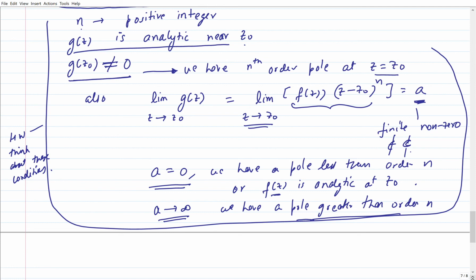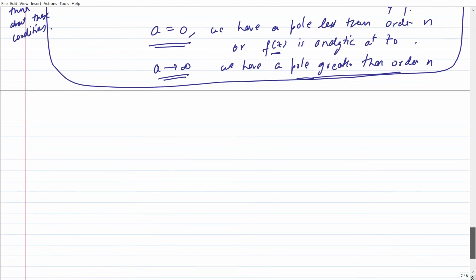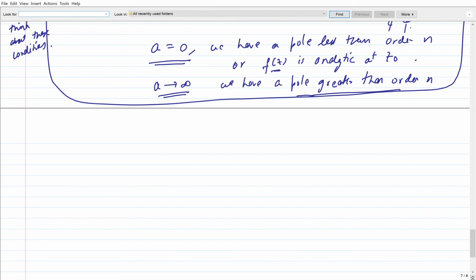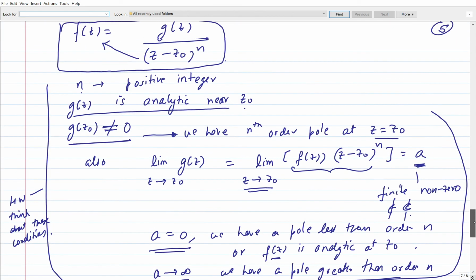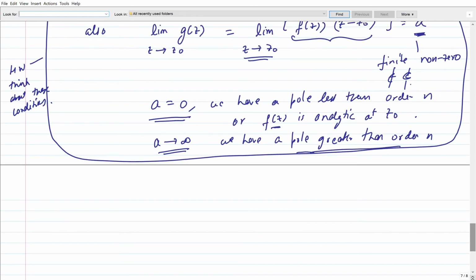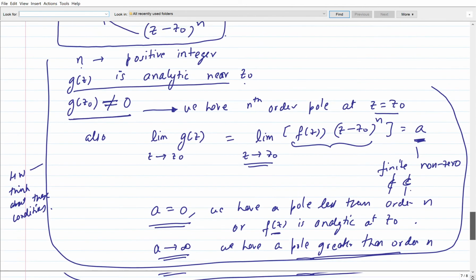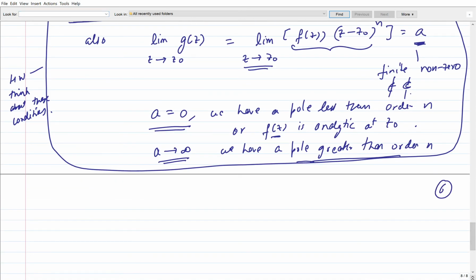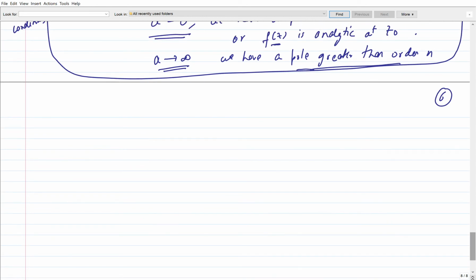So what are the various examples of these singularities? So let's consider example 1.